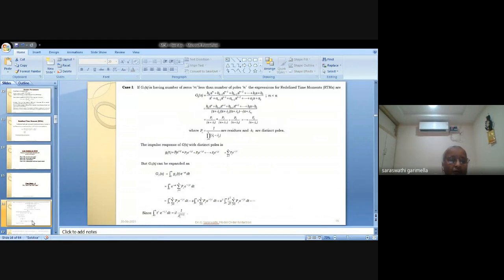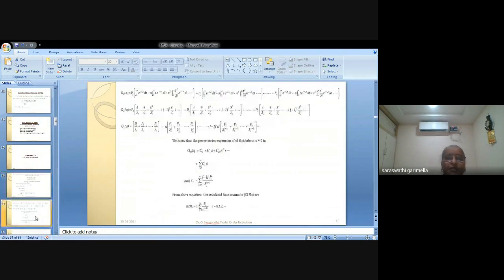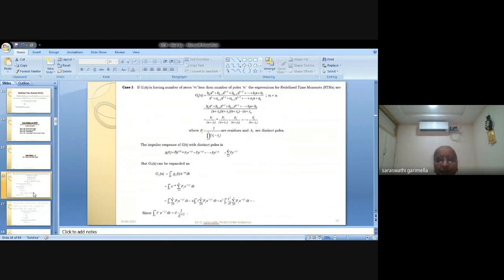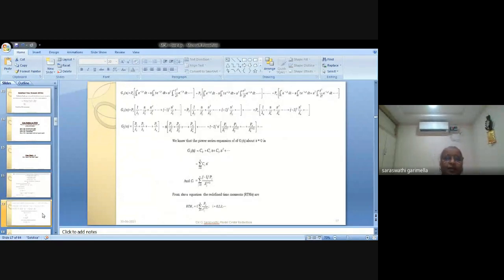But if you keep on taking the other terms, here you can see pj, pj, pj, because there are so many terms in this sigma. I separated them, separated all the coefficients.